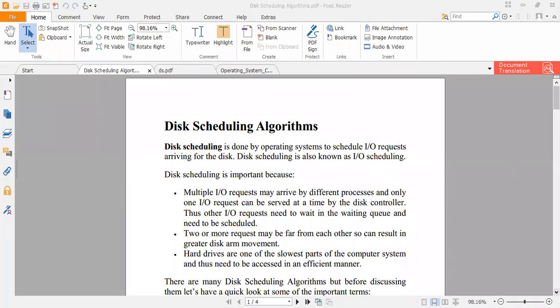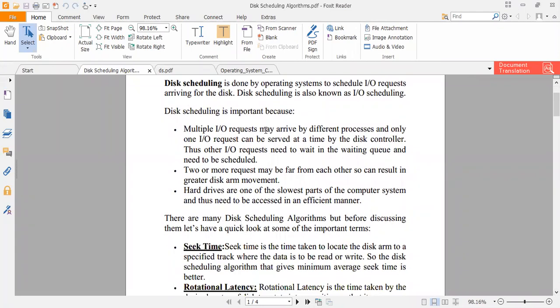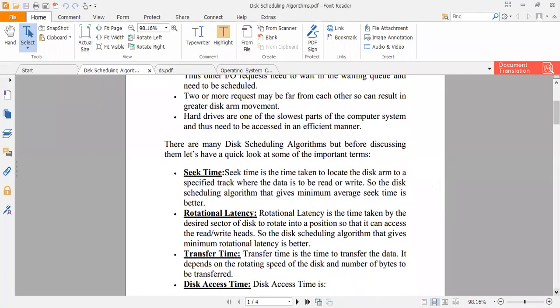For this kind of scenario, there are many disk scheduling algorithms, but before discussing them, we should consider two or three technical points that are going to be used in the algorithms.